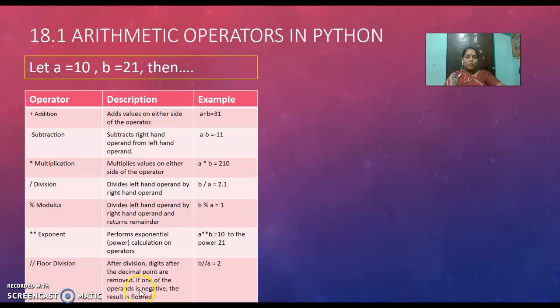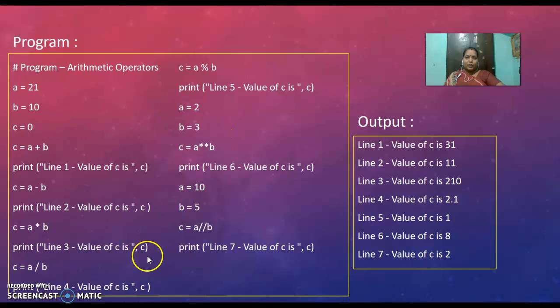If one of the operands is negative, then the result is floored. For example, b equal to 21 double slash a, the result would be 2.1, but since this is a floor division, the digits after the decimal point are truncated and it will return the result as 2. This is a program for arithmetic operators and this is the output for this program.